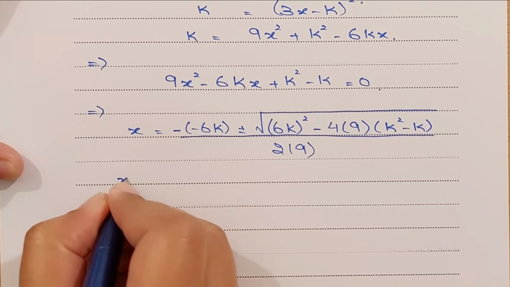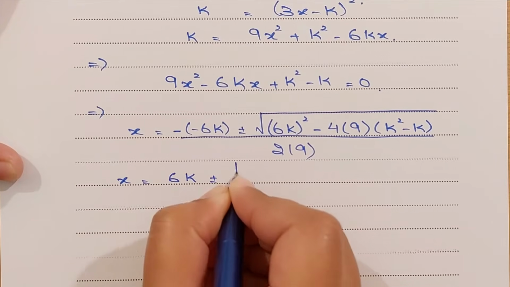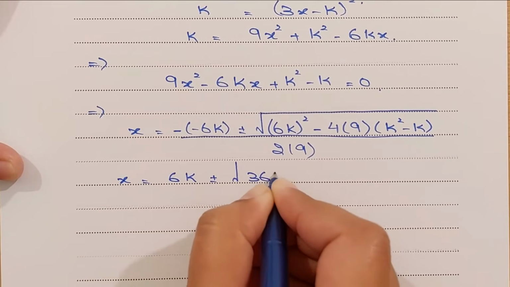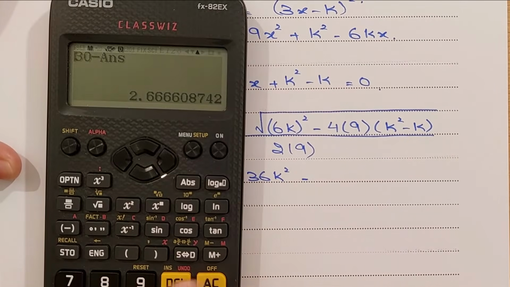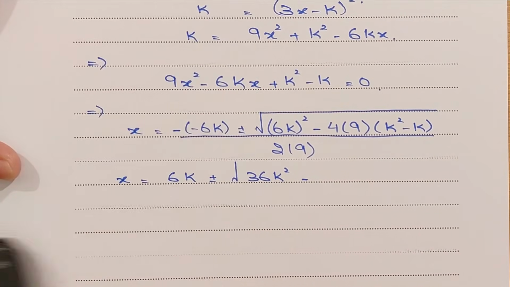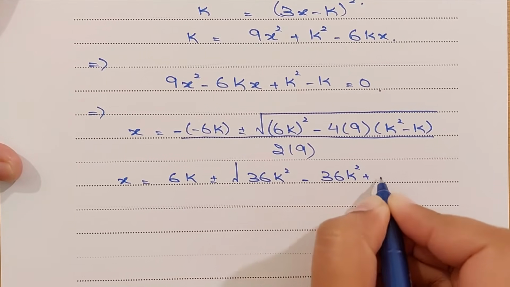For this simplification, x is equal to 6k plus minus the square root of 36k squared minus 4 times 9 is 36, yes, 36k squared plus 36k.